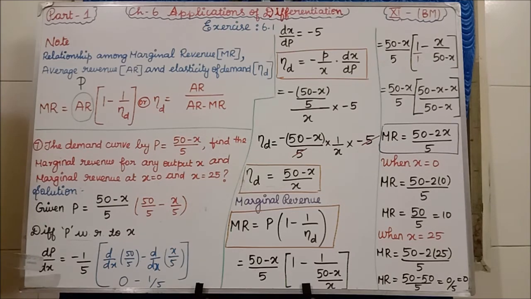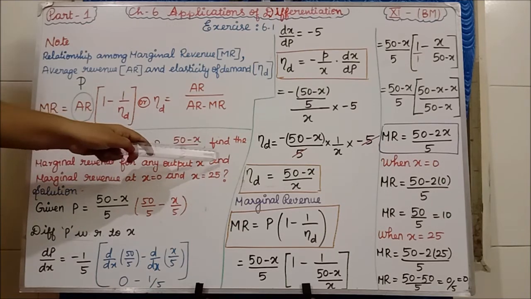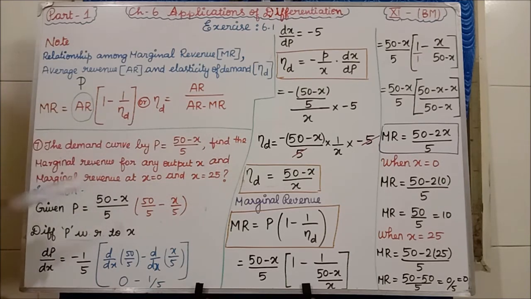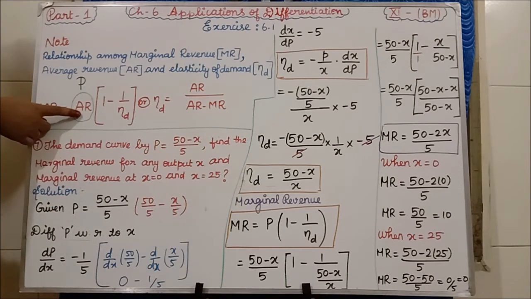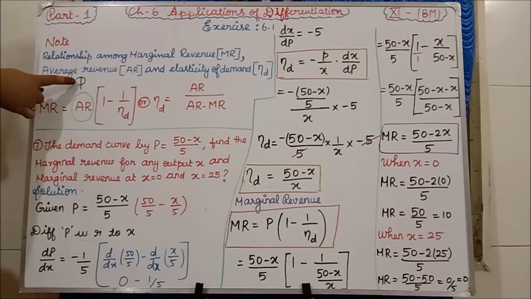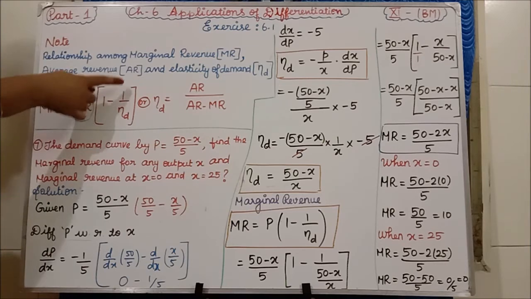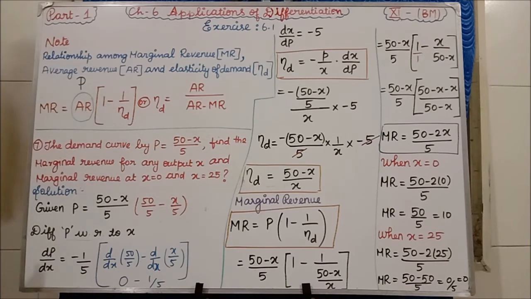Okay, why are we finding elasticity of demand? Because in the question they are asking to find the marginal revenue. What is the marginal revenue formula? So price into, okay, in this question we should not put A or average revenue, because we do not have the average revenue value. So you have to put price into 1 minus 1 divided by eta d. This formula we are going to apply in the seventh question.